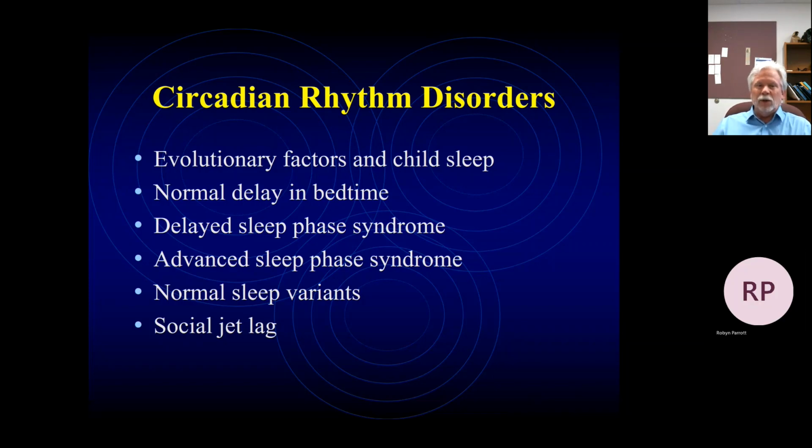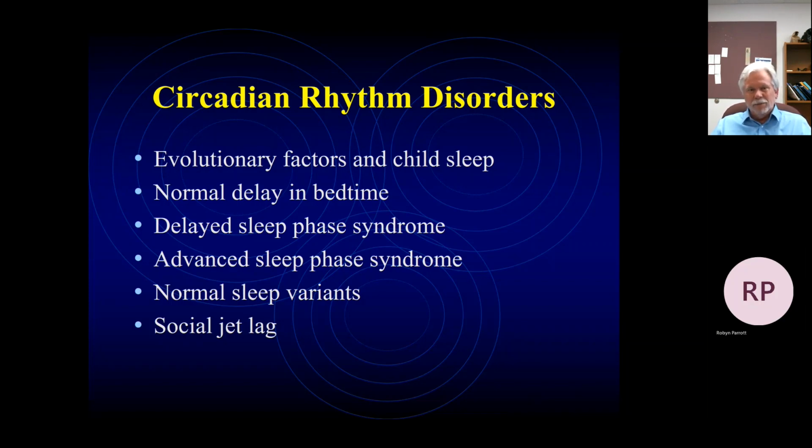Now, others will argue, and they're right, that a lot of neurobiology occurs during sleep that's critical. But if you take that away, you can understand why it would be important for an infant to sleep during the night. If you're out in the jungle and it's dark in the middle of the night, crying is an invitation for predators.